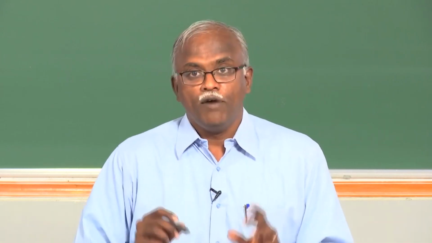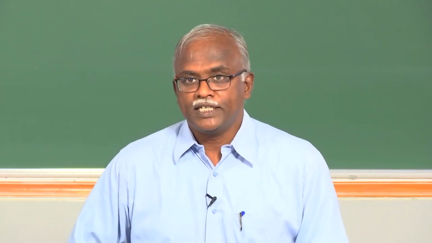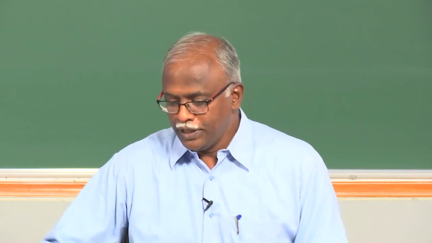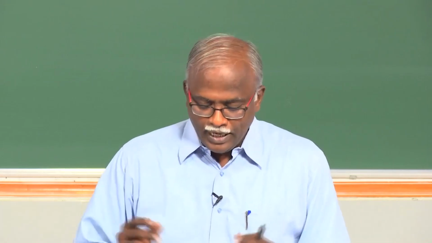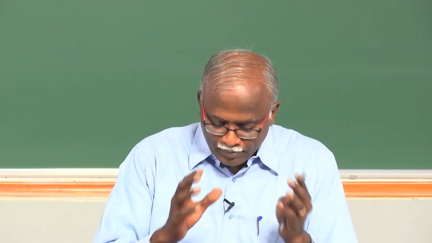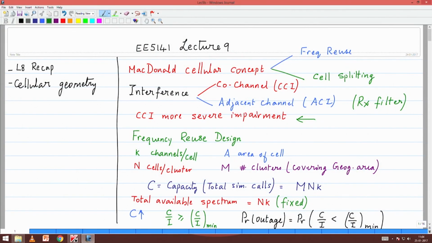Now frequency reuse, as we discussed yesterday, will have the following components which I would like you to keep in mind. We're talking about k channels per cell and n cells per cluster. So basically you are designing certain clusters of cells and you are able to give each of the cells k channels.